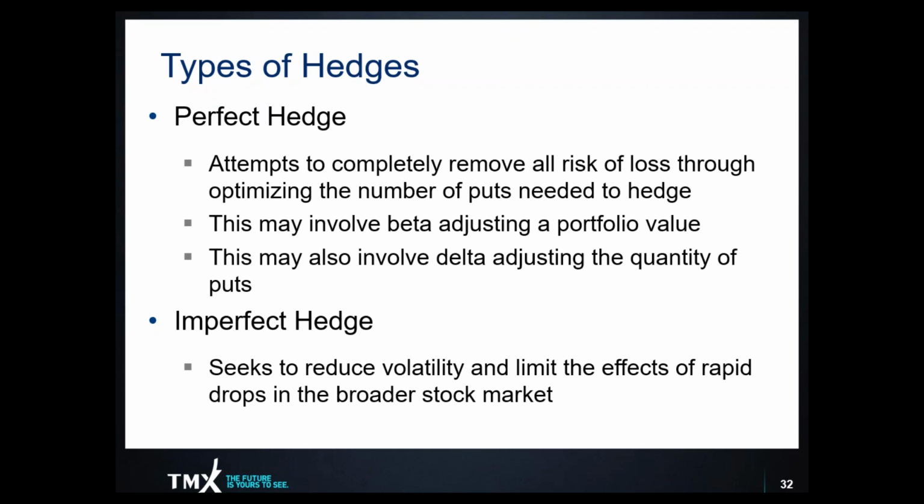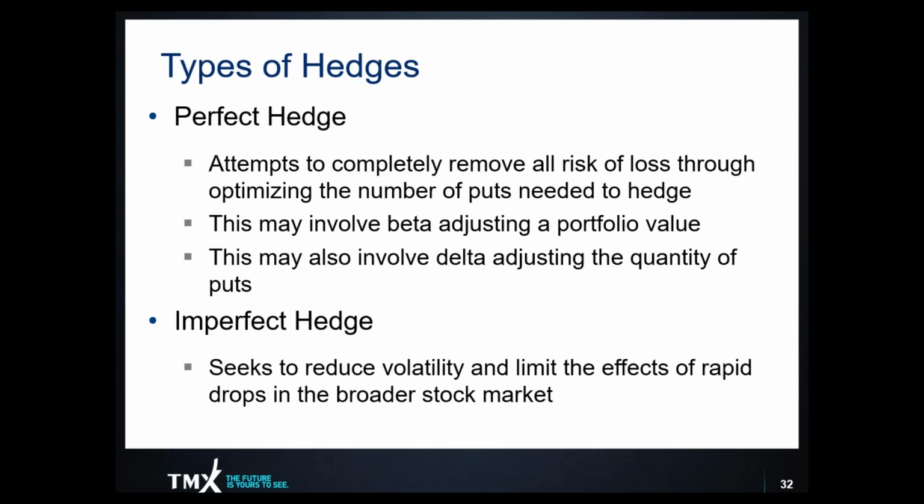The delta is how much the option contract is going to adjust for every $1 move in the underlying security. So if you're looking to create a perfect hedge, you've got to recognize that the stock has a delta of 1. It goes up $1, you make $1; it goes down $1, you lose $1. And then you may, in fact, have to buy additional put options depending upon the delta of those options that will add up as close to 1 as possible.